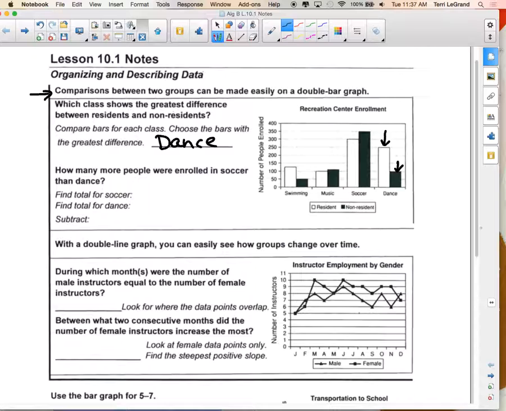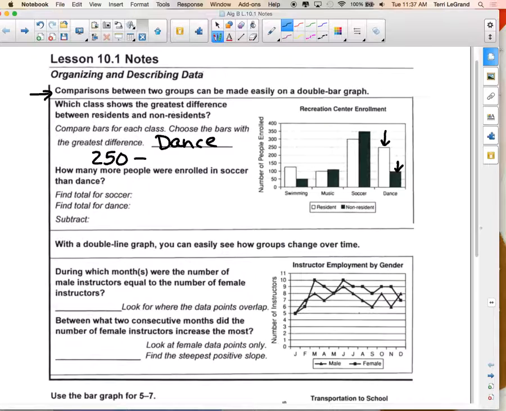But then let's have a little bit of support for that. How many residents are enrolled in dance? 250? Everybody agree? Okay. If we have to find the difference, do we add or subtract? Subtract.